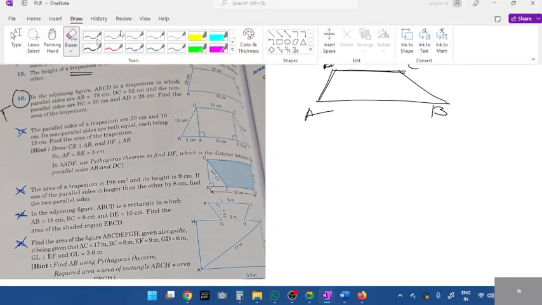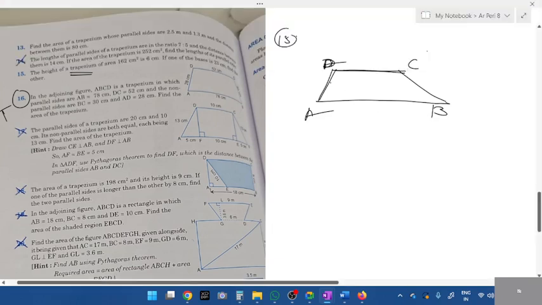Fine. Now read the question, student. What is given? The height of a trapezium is given. How much is the height? And what else is given? This is the area value.